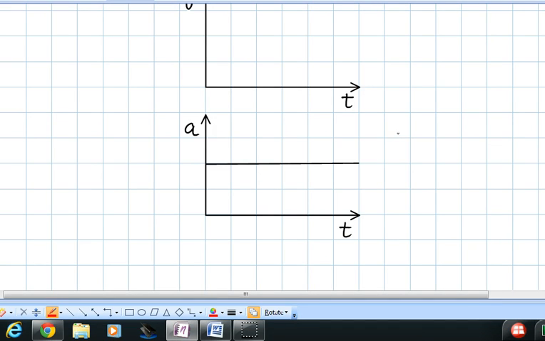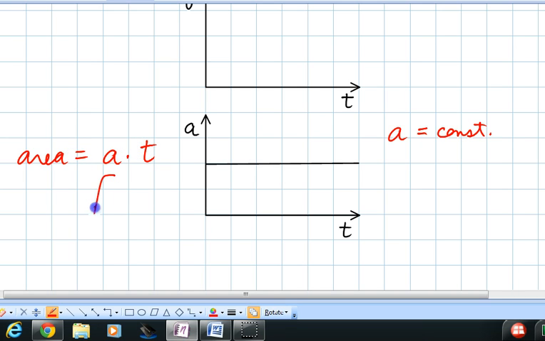It looks like we could describe it as A equals a constant. And that's fine. But remember that we can also analyze this a little bit differently. If I look at the area of this graph, what am I doing? Well, I'm multiplying acceleration and time.